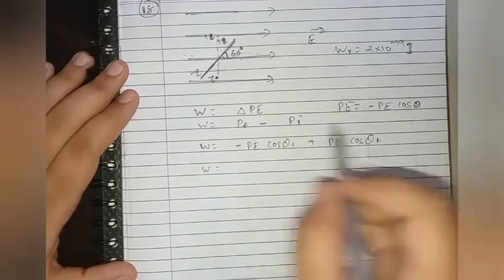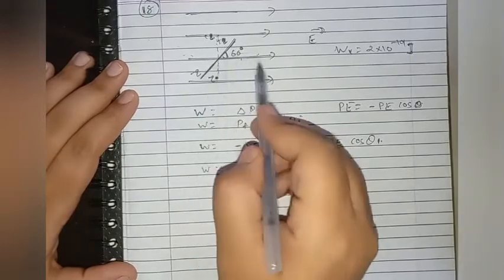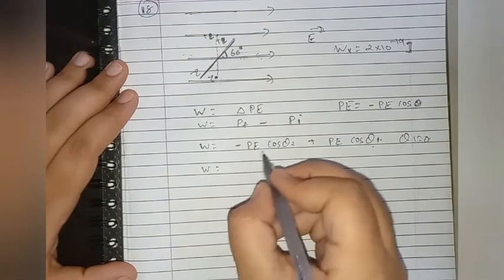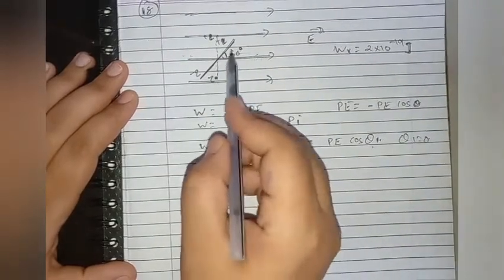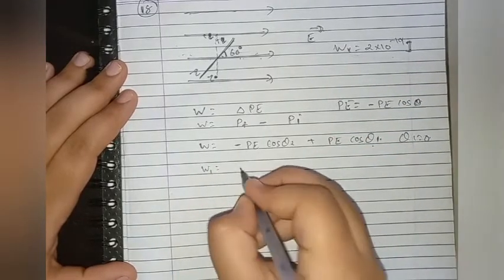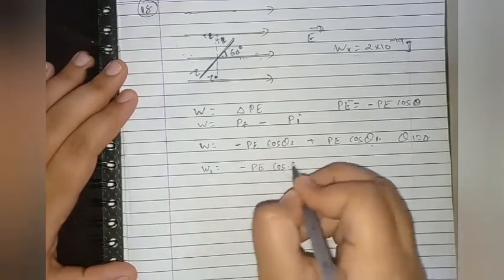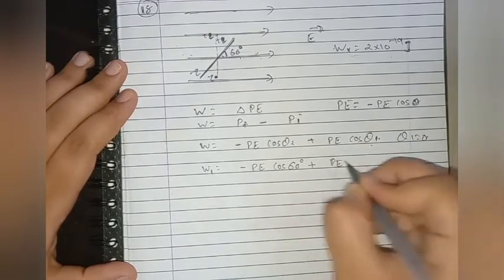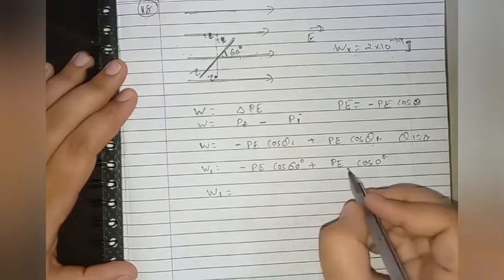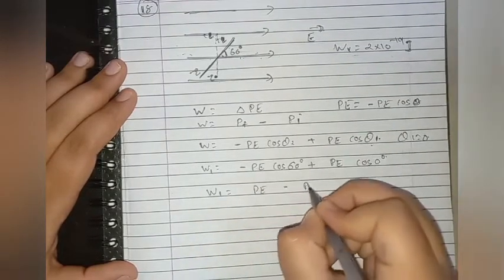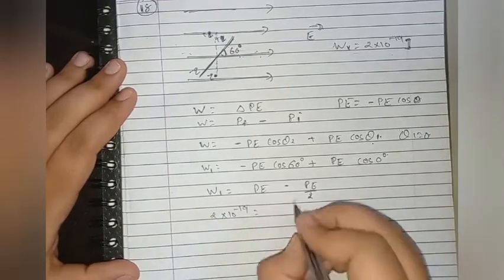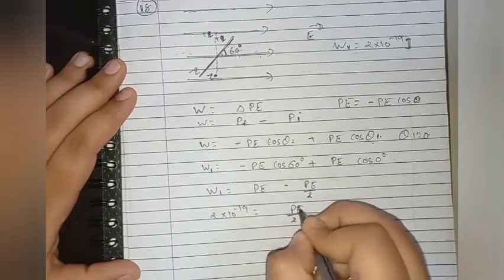Here initially the dipole was located along the electric field, so theta 1 was 0, and to rotate it by 60 degrees, the work done given is 2 into 10 power minus 19 joule. So W1 equals minus PE cos 60 degree plus PE cos 0 degree, which is PE minus PE by 2. So 2 into 10 power minus 19 equals PE by 2.